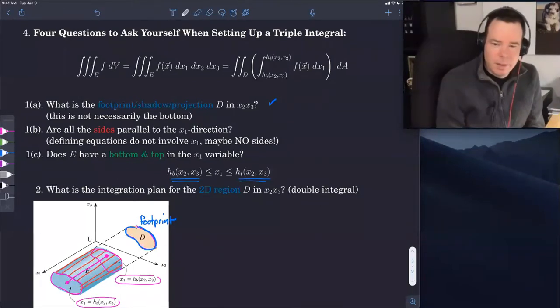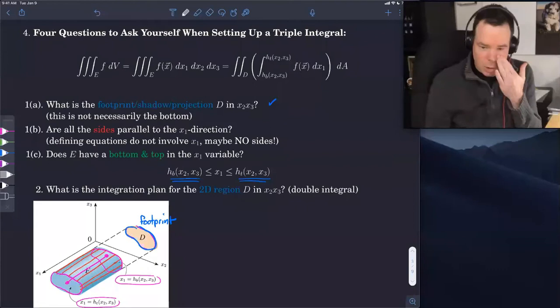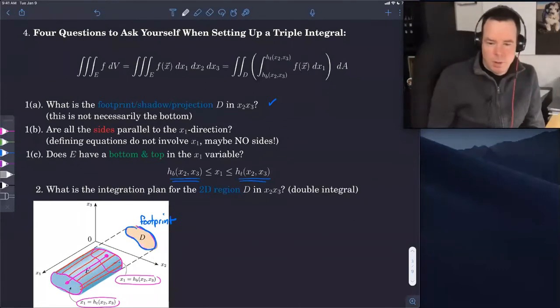And the things we need to ask ourselves are, so we're referring to the diagram down in the bottom left corner. We want to integrate over that region E, that blue blob shaped region. We need to ask ourselves, what is the footprint, or what is the shadow, that that region casts in the various coordinate planes?